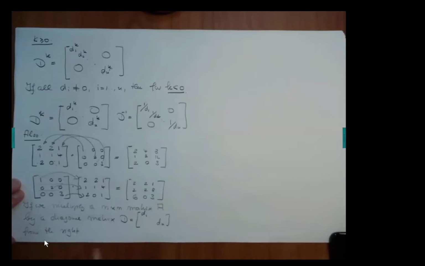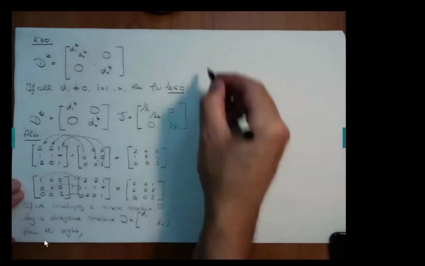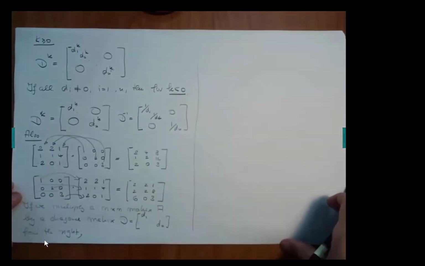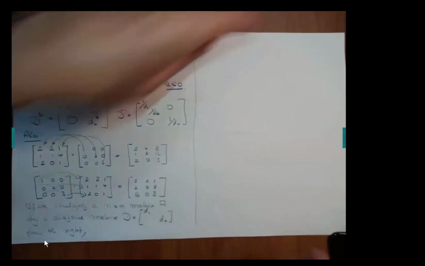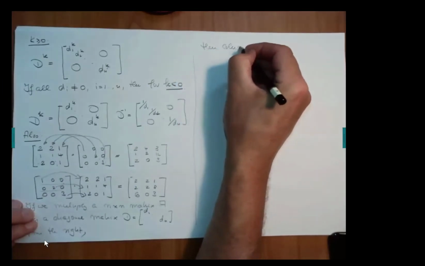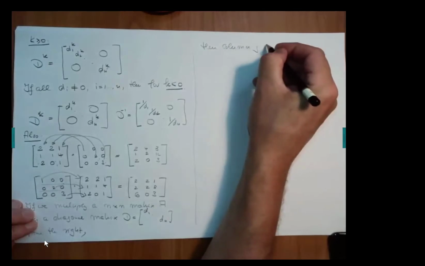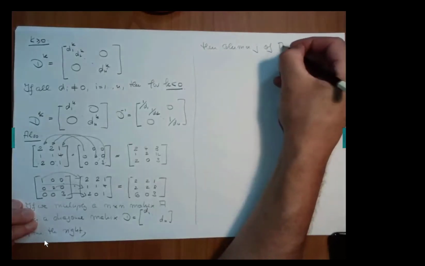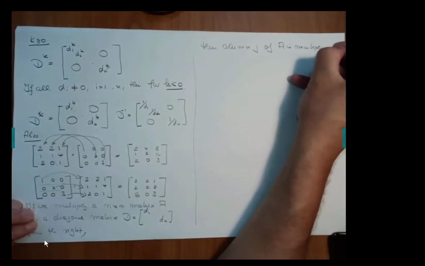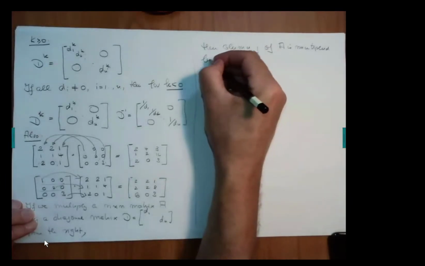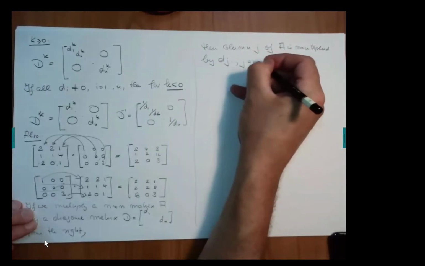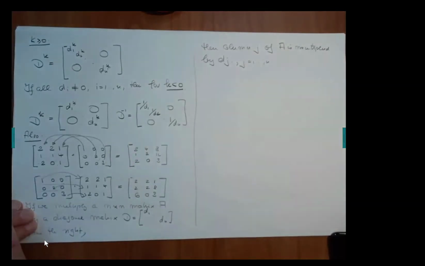So that was the first example here from the right. Then column j of A is multiplied by dj. And that's true for every j. j goes from 1 to n.